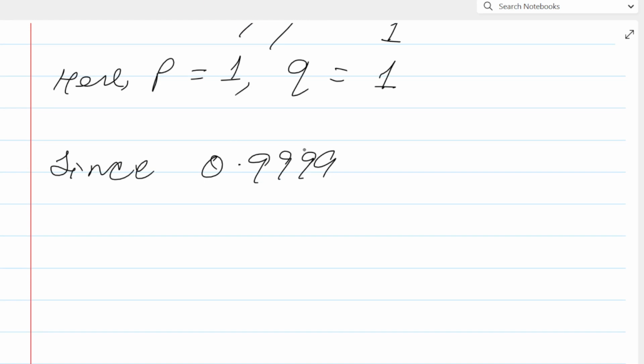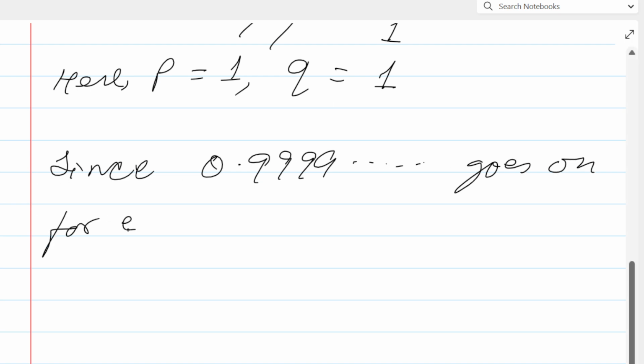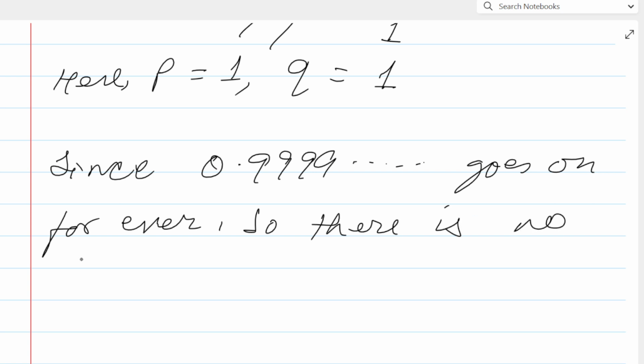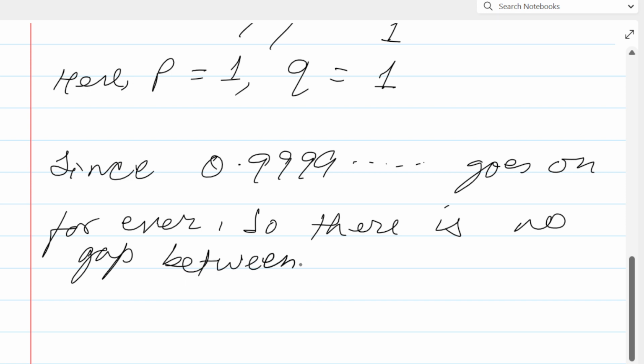Since this dot dot dot goes on forever, there is no gap between 1, the answer we got, and 0.999.